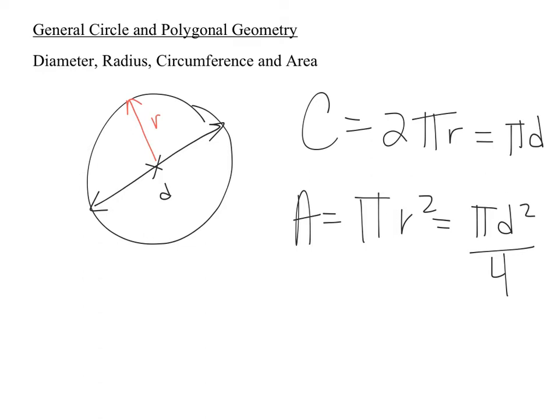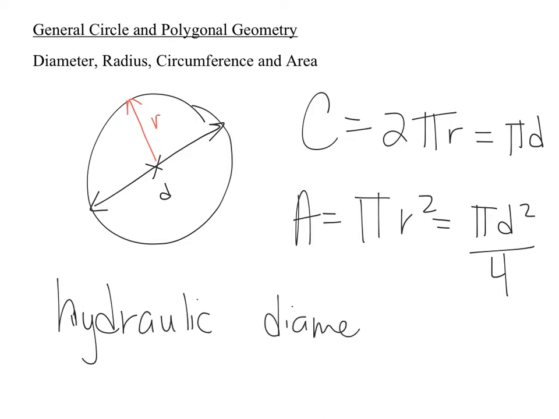Now, there's a term that we should utilize this year, which is called hydraulic diameter. Write it down. H-Y-D-R-A-U-L-I-C. Hydraulic diameter. The importance of this term is for when you're using cross-sections that are not circles.